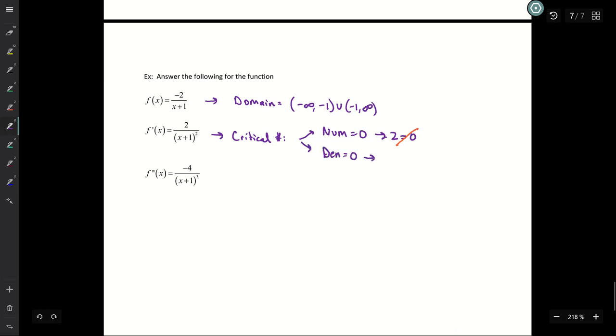Well, that would be where the x plus 1 all squared is 0, which simplifies down to where x plus 1 is 0, which means x equals -1. Well, on this one, we can tell that we had a vertical asymptote at x equals -1. So -1 is not in the domain, so you have no critical numbers.